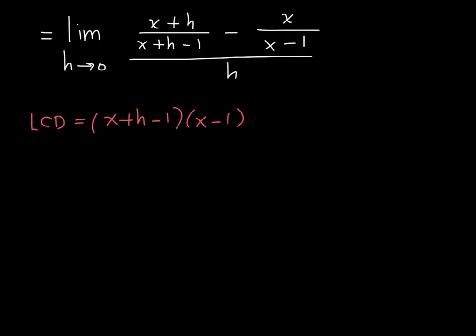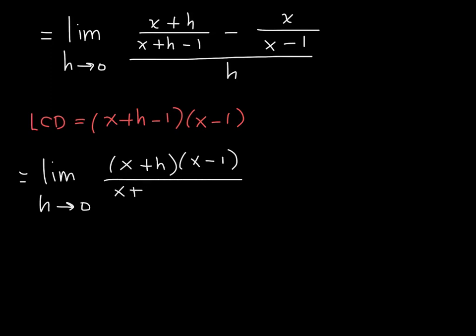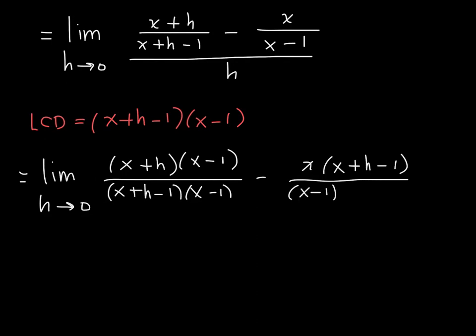All right. So then what that gives us is f prime is equal to the limit as h approaches 0 of x plus h times x minus 1 all over x plus h minus 1 times x minus 1, minus x times x plus h minus 1 over x minus 1 times x plus h minus 1.